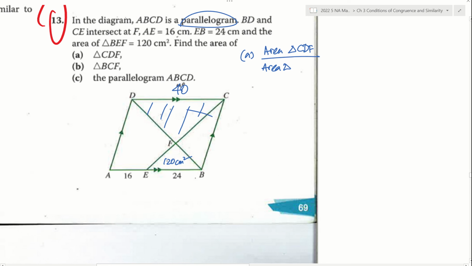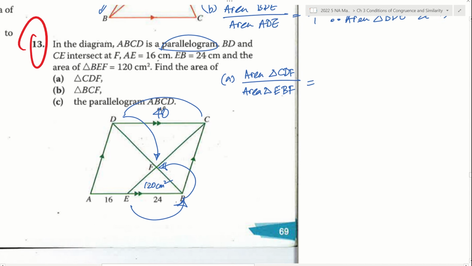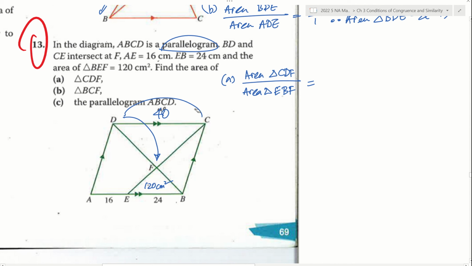So since we go CDF, then we start from E to B, then to F. E, B, F. This has to be, because they are similar, area has to be the square of the ratio of the sides.